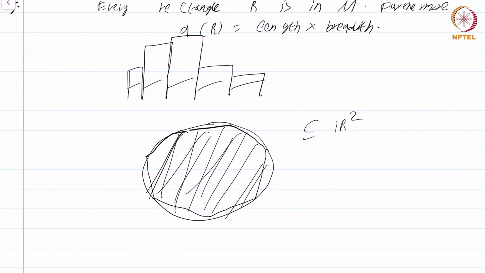So you can inscribe polygons, and you can circumscribe polygons also, and it will be easy to see, just from the fact that rectangles have areas and unions and intersections all have areas, that polygons will have well-defined areas. You can approximate this circle to as good a degree as you desire by polygons that are inscribed inside the circle, as well as polygons that are circumscribed around the circle. And by taking some sort of limit of these approximations, you will be able to conclude what the area of the circle is.